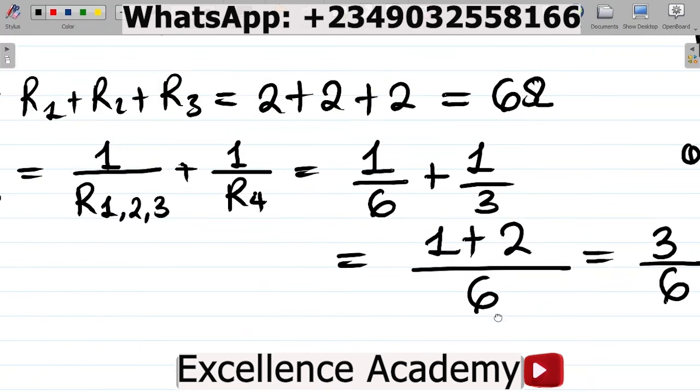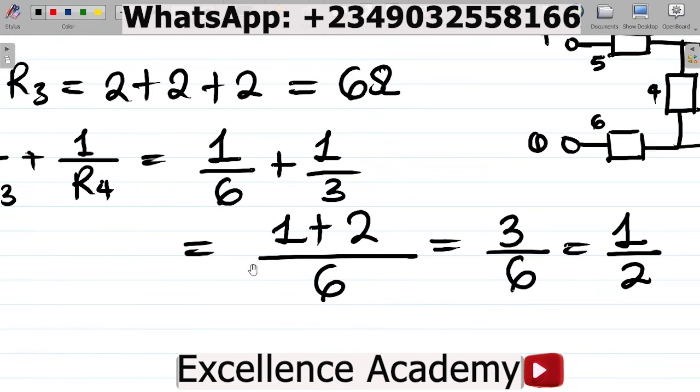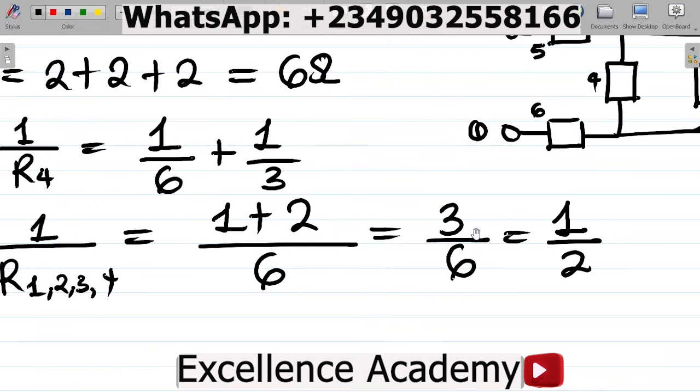In essence, we'll have that 1 all over R1, 2, 3, and 4 is equal to 1 over 2.